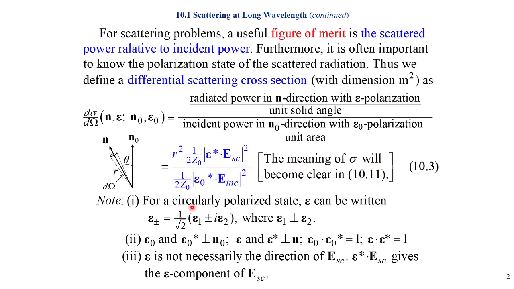So for a circularly polarized state, epsilon can be written as this one. This just expresses the circularly polarized state, and epsilon 1 and epsilon 2 are perpendicular. We could say epsilon 1 might be the x coordinate, epsilon 2 might be the y coordinate.